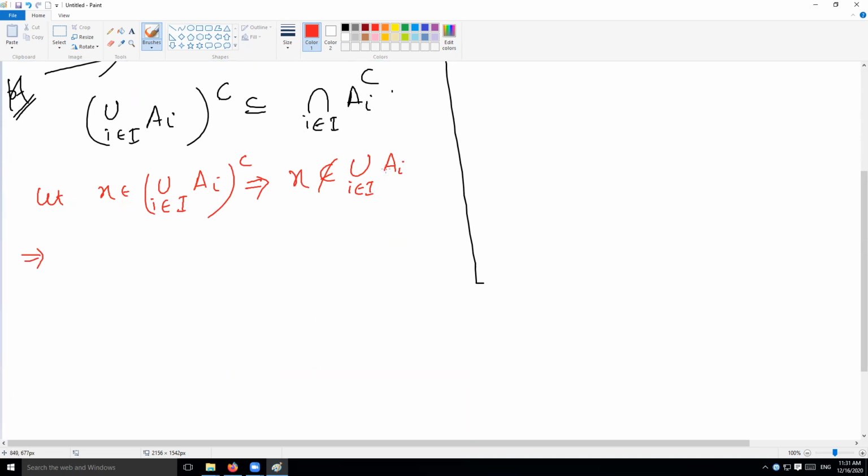So I'm going to say x does not belong to A_j for all j in I. No matter what j you take, x is not in there. By the way, if x is not in A_j for all j in I, then where is it?